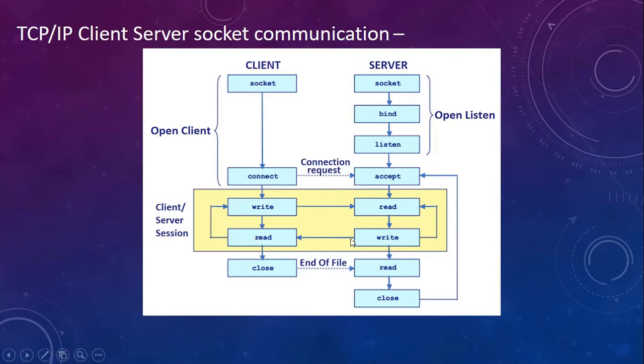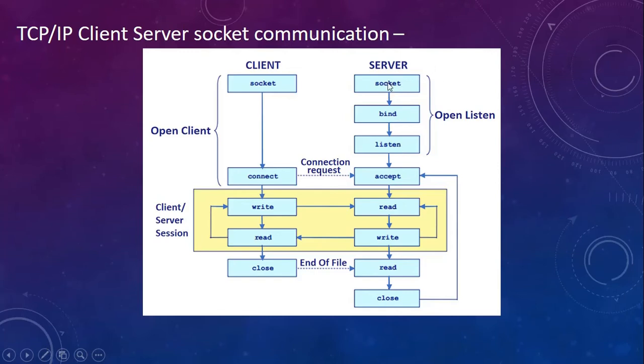Now this is a TCP/IP client server socket communication model. Okay, so this is your client, and let's say your client wants to transmit some data to the server. So this is the client socket, and this is the server socket. Now server socket has a bind and a listen method.